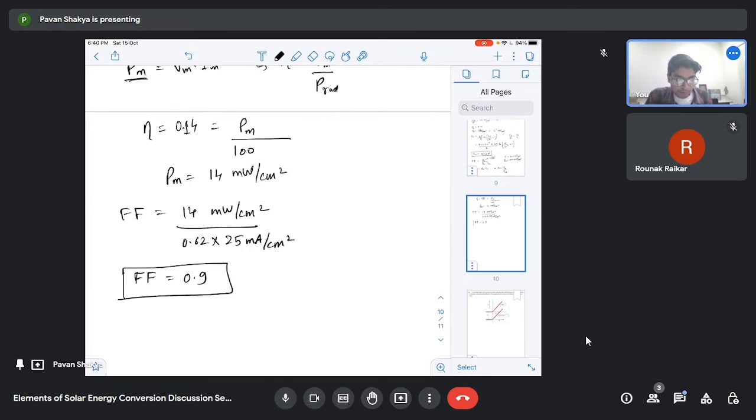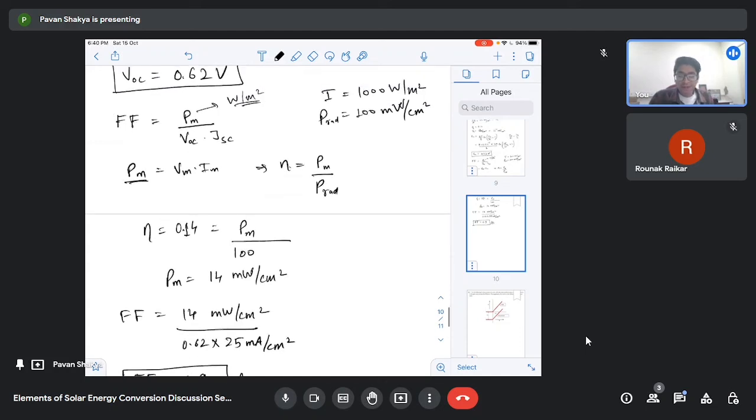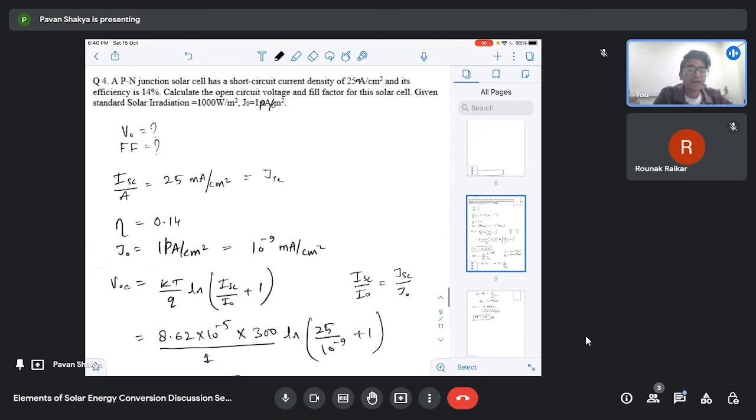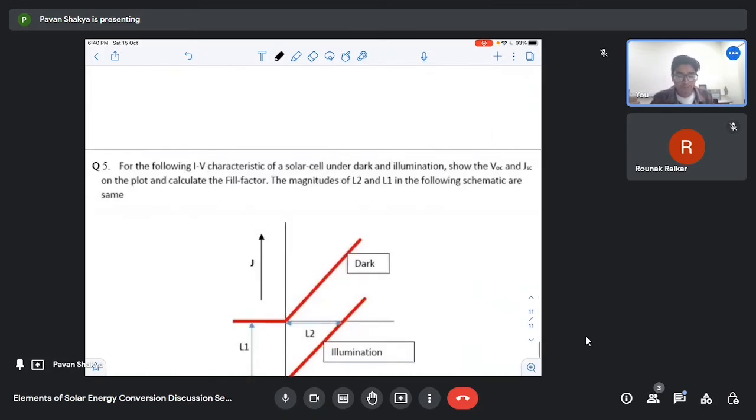Okay, so these are the two parameters, open circuit voltage VOC and the fill factor, that have been asked in the problem. So if you have any doubt, then you can ask me. Okay, if there are not any doubts, then I will move to the next problem.